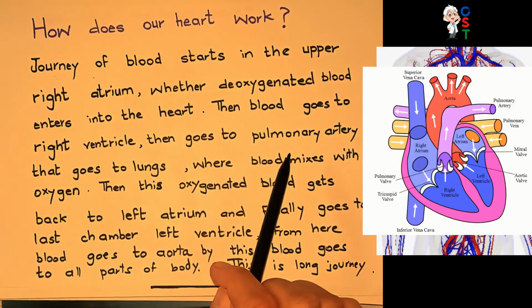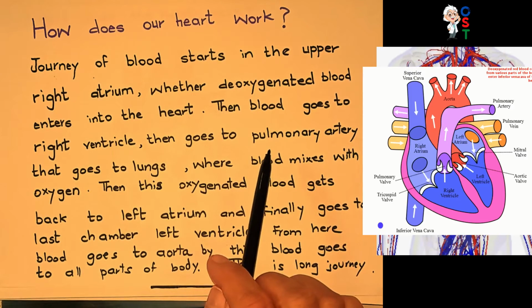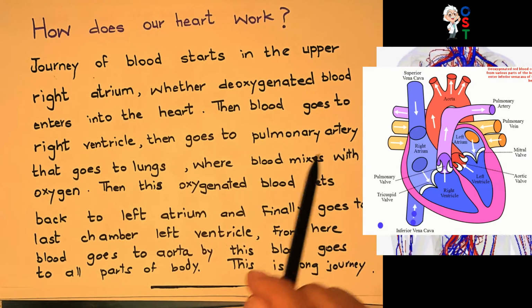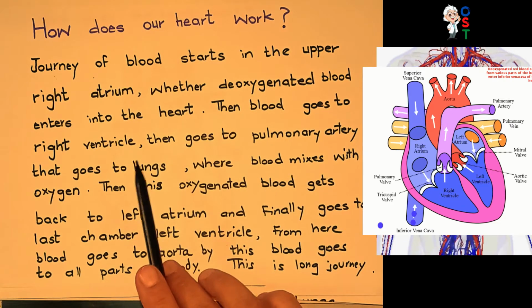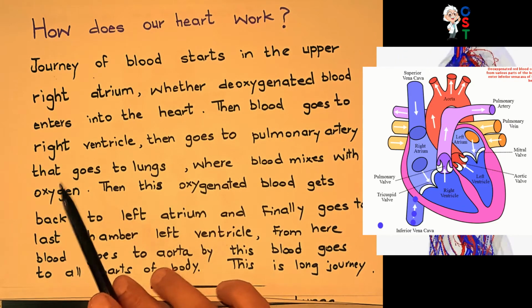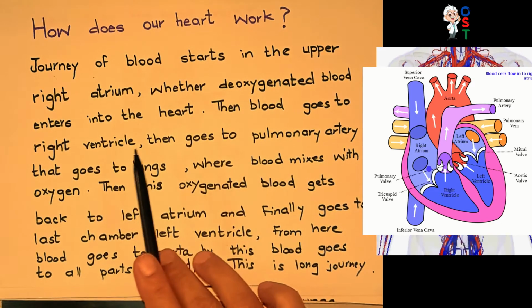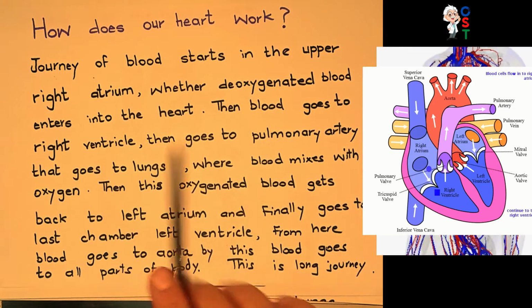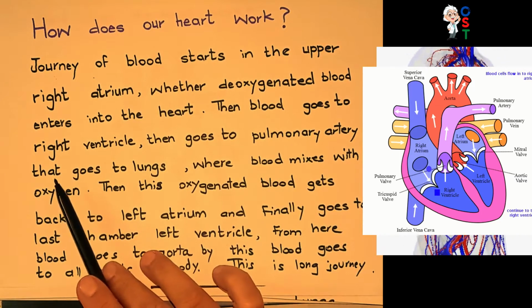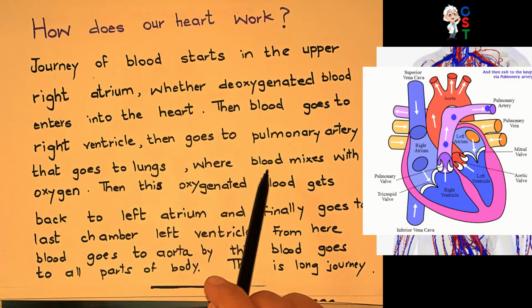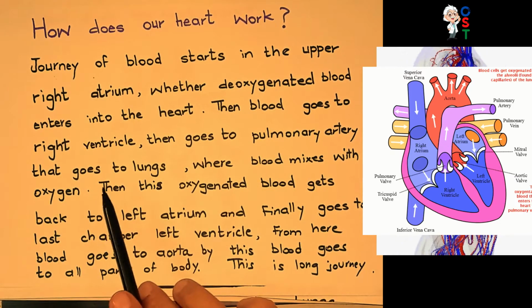Pulmonary, I have told you, is a word that links with lungs, and arteries are those vessels that carry blood from the heart to other parts of the body. So the pulmonary artery carries blood from the heart to the lungs. In this way blood goes to the lungs, where blood mixes with oxygen.